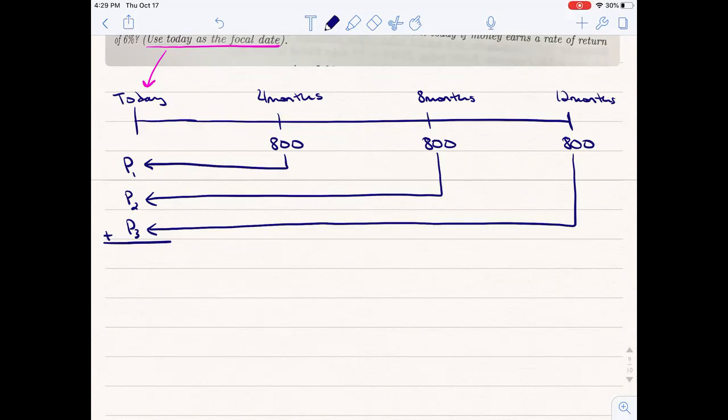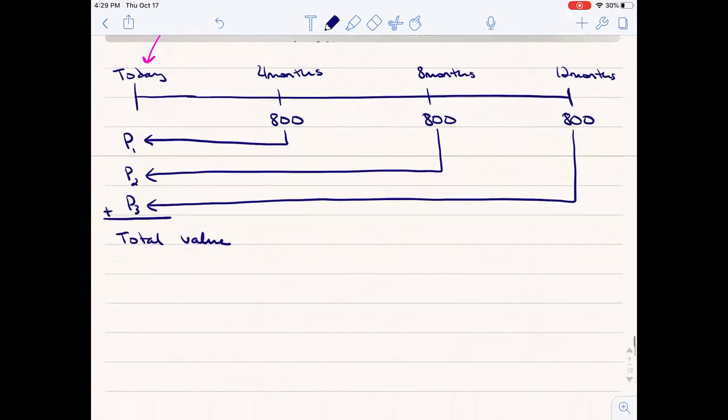Right? So this is the total value of the investment today, if we add those all up.